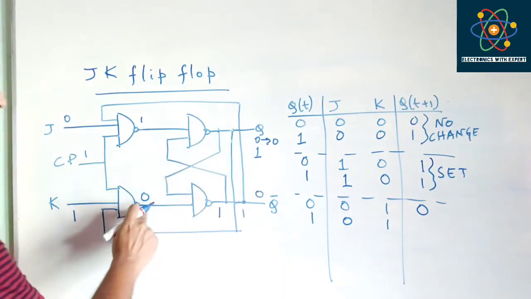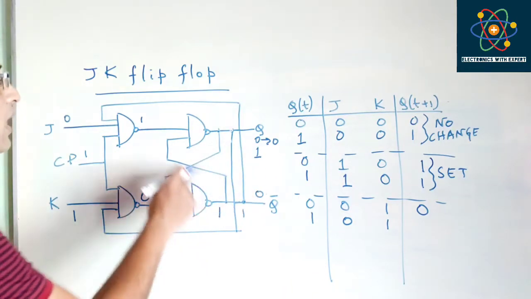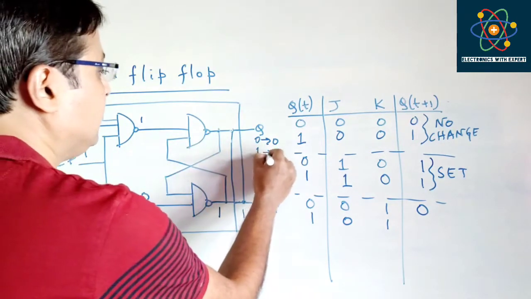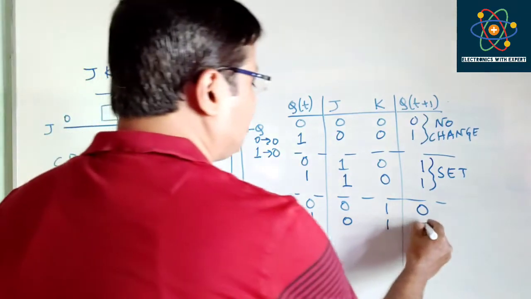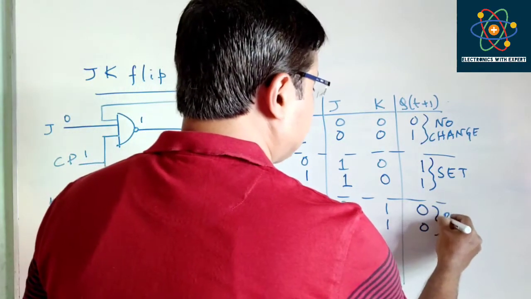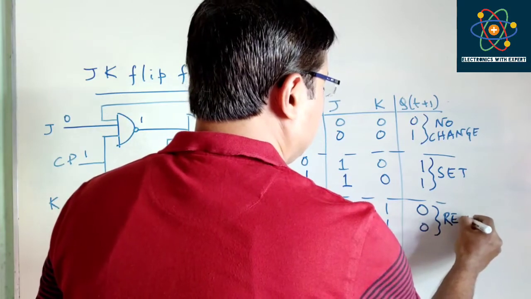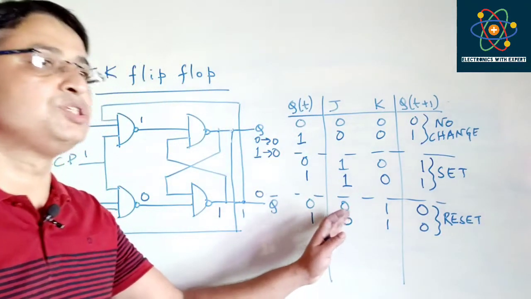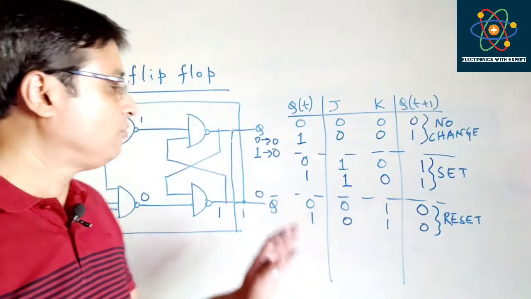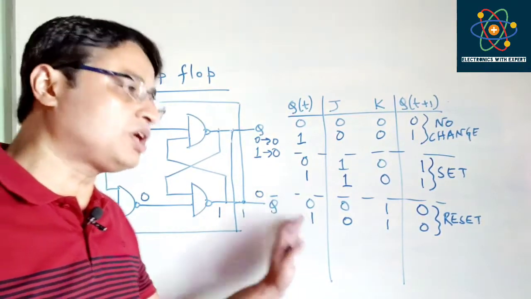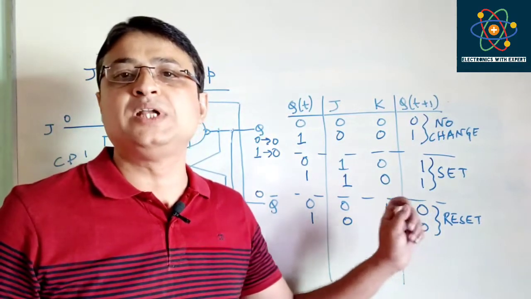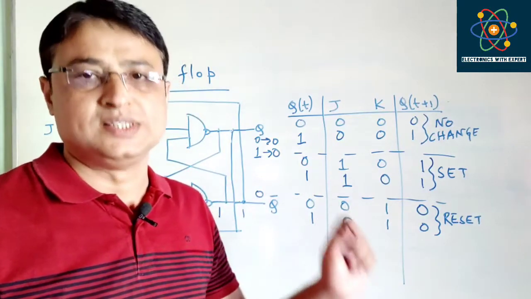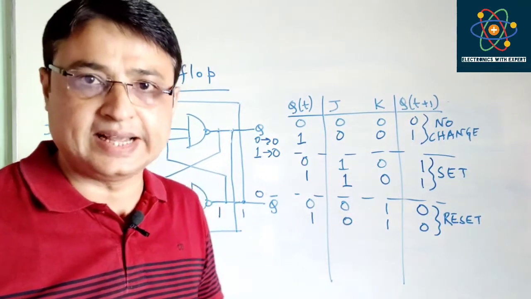So 1 and 0 makes this 1, and 1 makes this equal to 0. So this is the reset case, because if you put J equals 0, K equals 1, for Qt equals 1, Qt+1 equals 0, and that is the reset case.